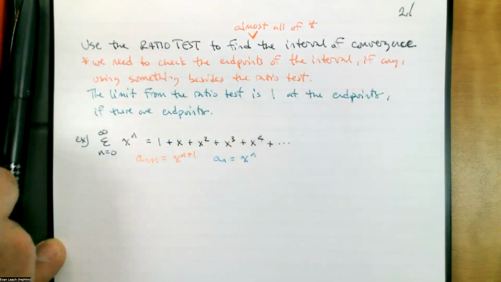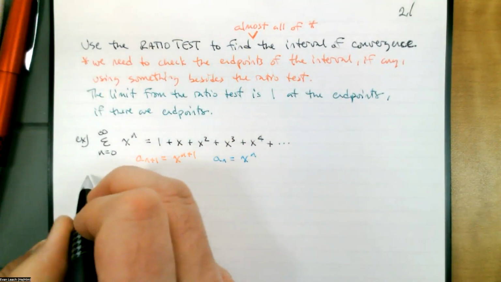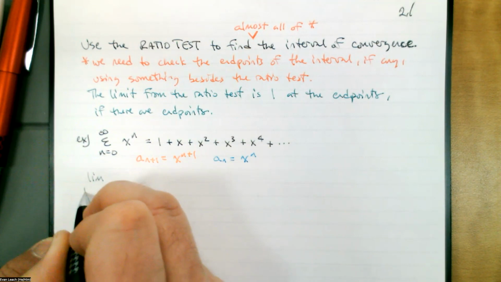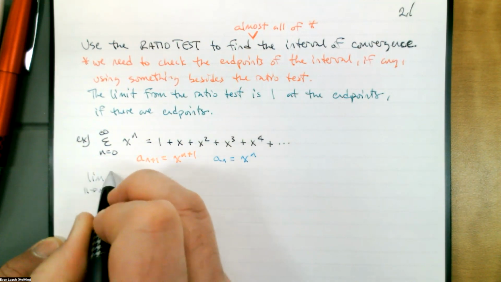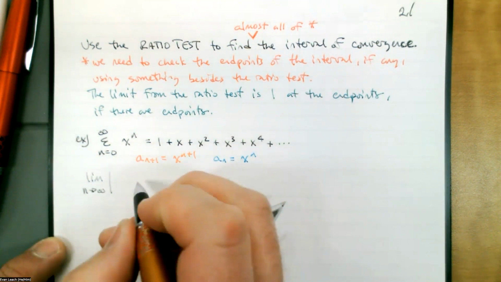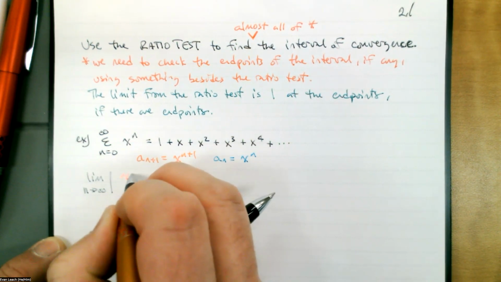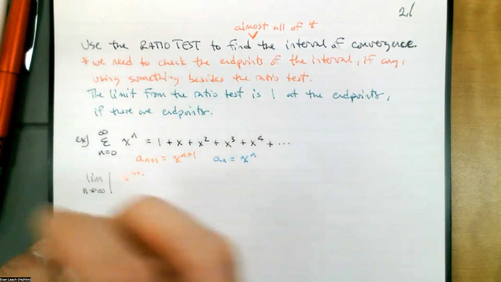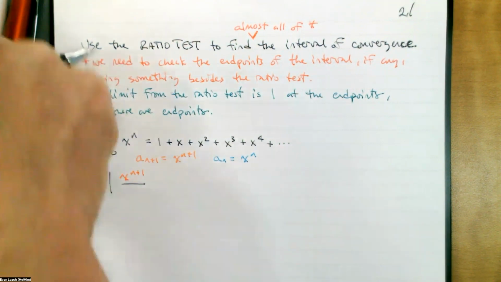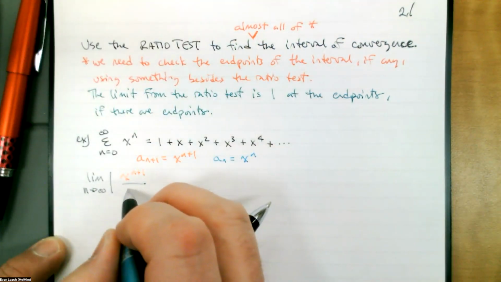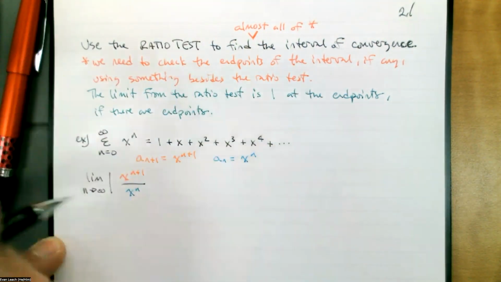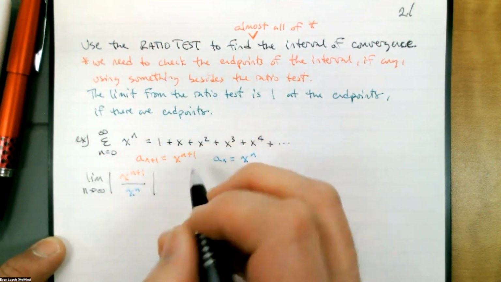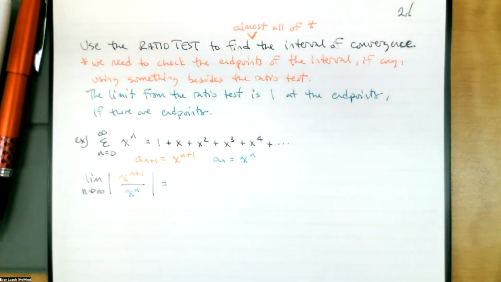So we'll take the limit as n goes to infinity of the absolute value of the n plus first term divided by the nth term. x to the n plus 1 over x to the n will just leave behind an x, an absolute value of x.